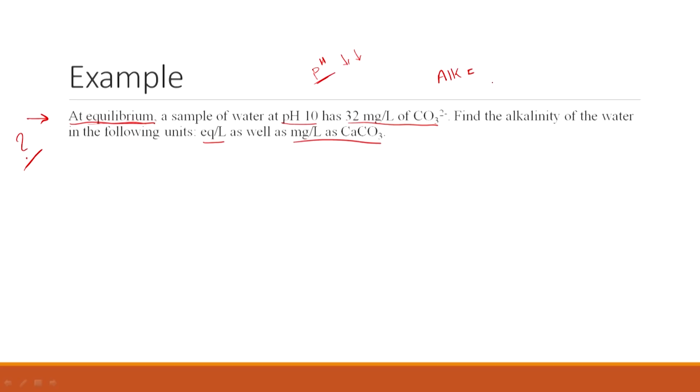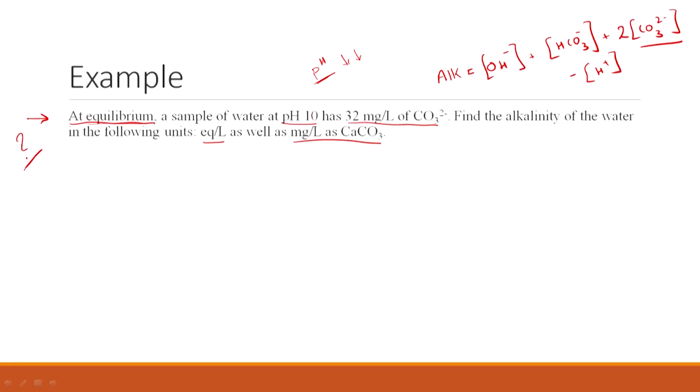Okay, alkalinity, we need to list all the bases. The bases are OH minus and HCO3 minus and CO3 2 minus, right? But because CO3 2 minus can neutralize 2 protons, we are going to have 2 here and minus H plus.